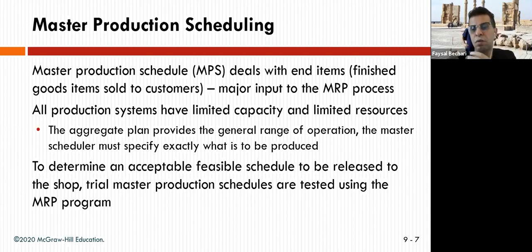And this goes to the MRP, and MRP starts logically dismantling the order into small pieces and doing the process for it. So basically, to determine an acceptable feasible schedule to be released to the shop, the trial master production schedule is tested with MRP programs. You test them first, and then you run them.